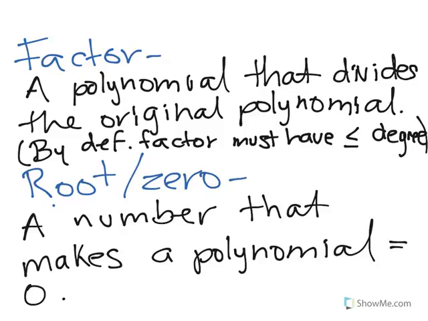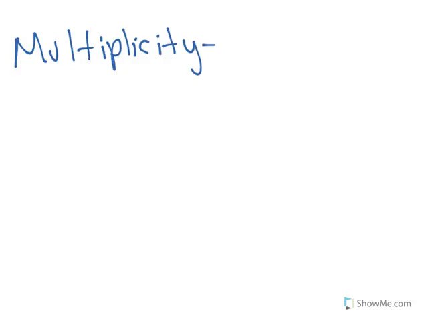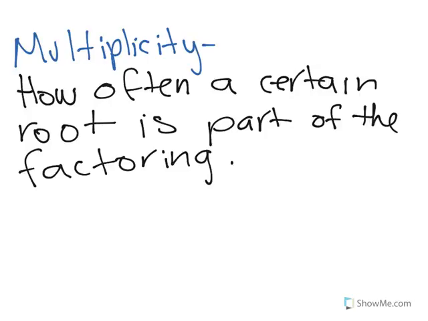But this brings me to the next keyword, which is multiplicity. So multiplicity is how often a certain root is part of the factoring. So for example, if we were to factor x squared, we would factor it into x times x.